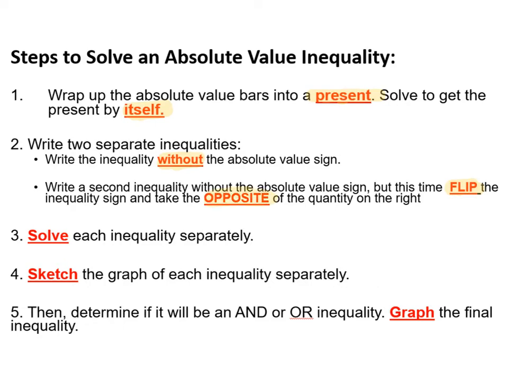So essentially, you're typically making it negative. Then you will solve each inequality, sketch the graph of each inequality separately, and then determine if it's going to be an and or or inequality, and graph your final inequality.